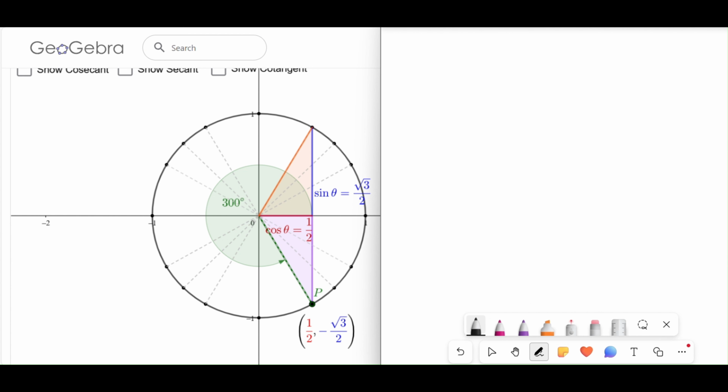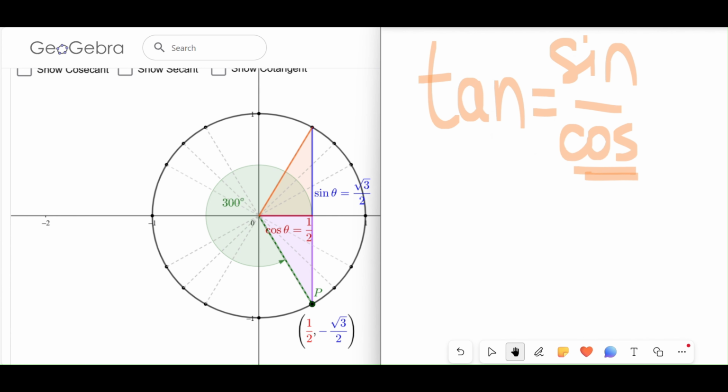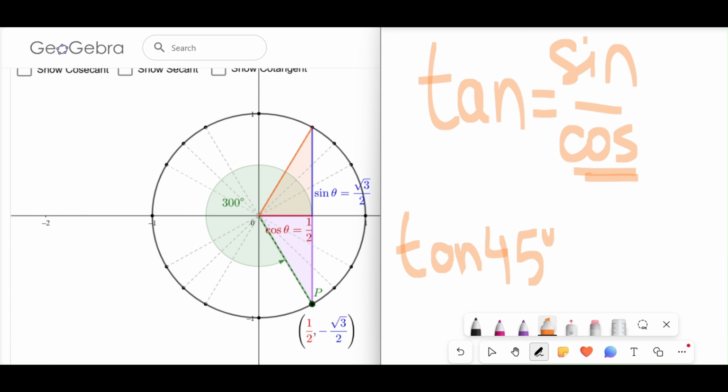Just remember this. Tangent is equal to sine over cosine. So if you need to find, let's say, tangent of 45 degrees, then you can basically divide. What was sine of 45 degrees? Sine of 45 is radical 2 over 2.